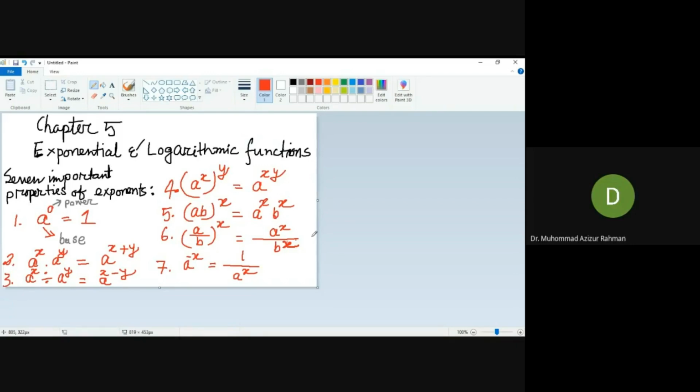Okay, so this is regarding the exponents or exponential functions. So now we also need to know logarithms. So this is the exponential functions, and we see the logarithms.